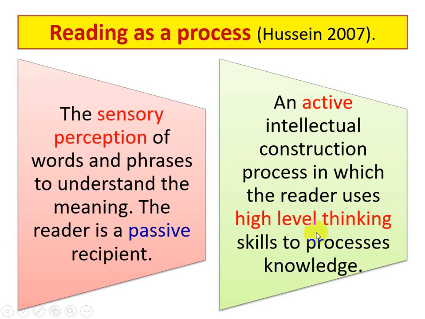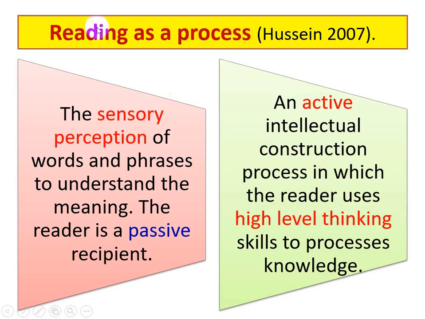Take care here. There are two parts of reading. The first part is passive, just to perceive the words and the phrases to understand the meaning. And the active part is to think using high-level thinking skills to be able to process knowledge.